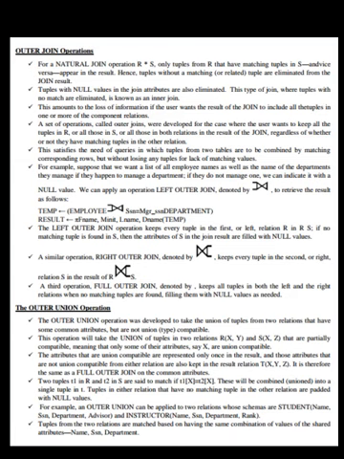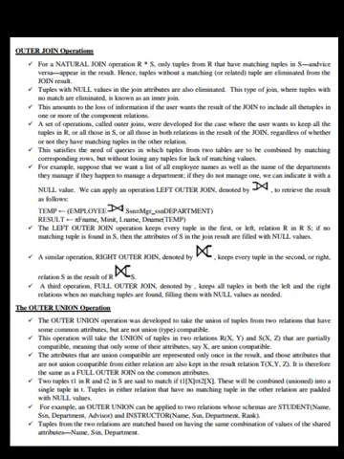The outer union operation. The outer union operation was developed to take the union of tuples from two relations that have some common attributes but are not union type compatible. This operation will take the union of tuples in the two relations R of x, y and S of x, z that are partially compatible, meaning that only some of the attributes, say x, are union compatible.